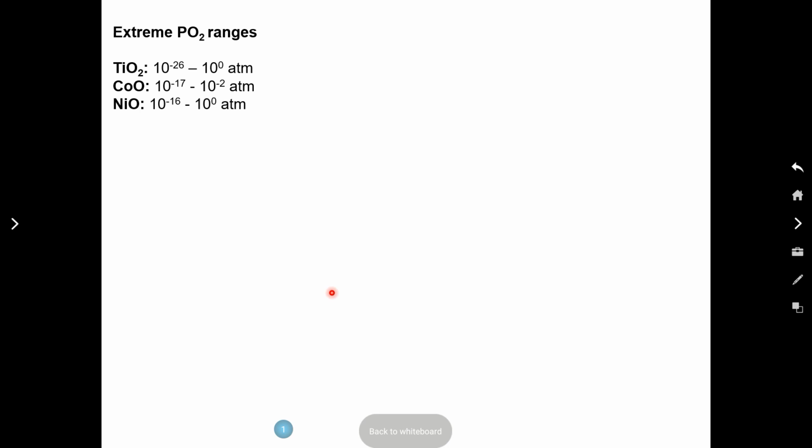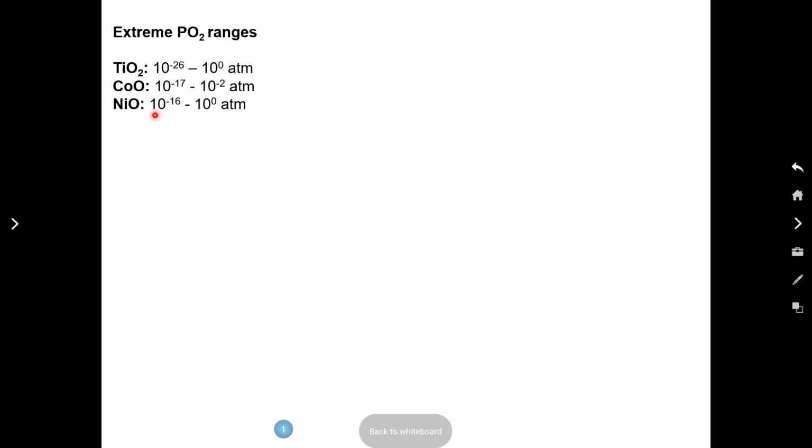So that brings me to this controlled atmosphere processing of material. I'll show you some data for titanium dioxide, carbon dioxide, and nickel oxide to create some level of non-stoichiometry.